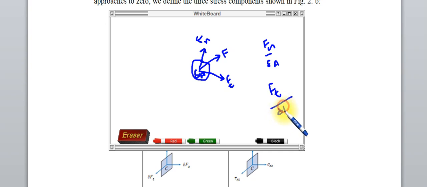So forces are different, area is same. As this is the normal force, normal to the area, we call this normal stresses.